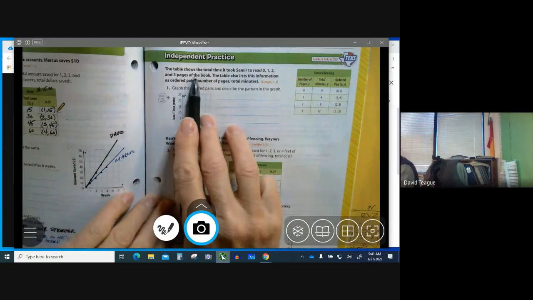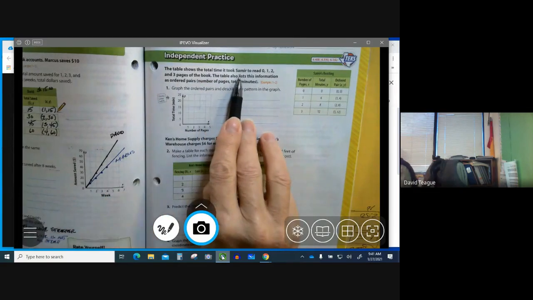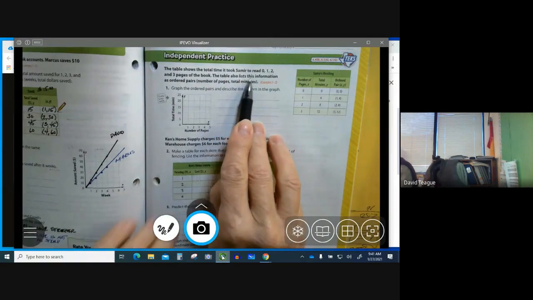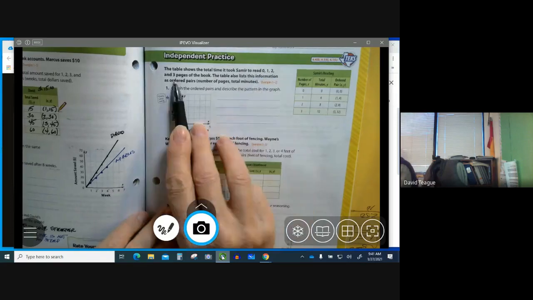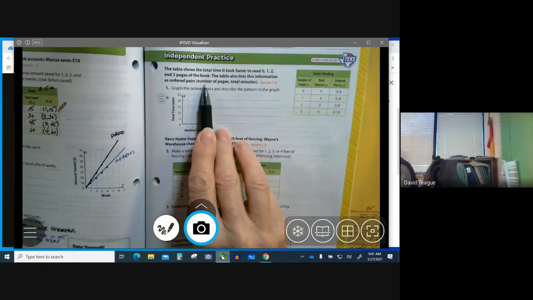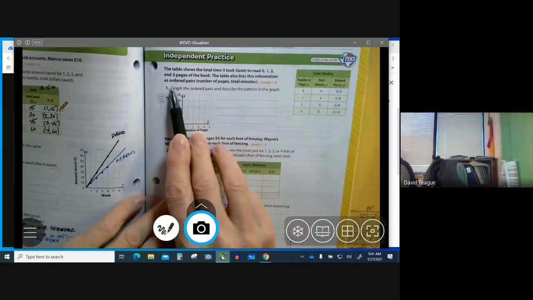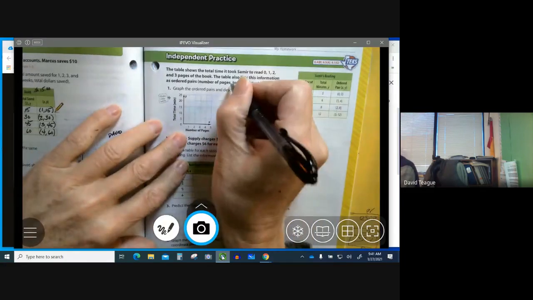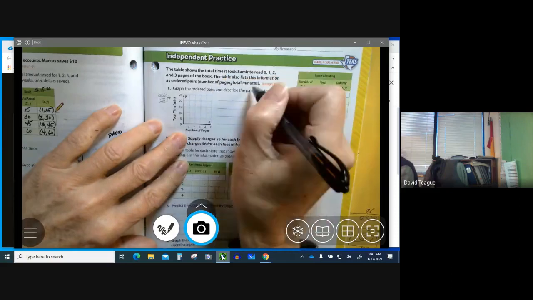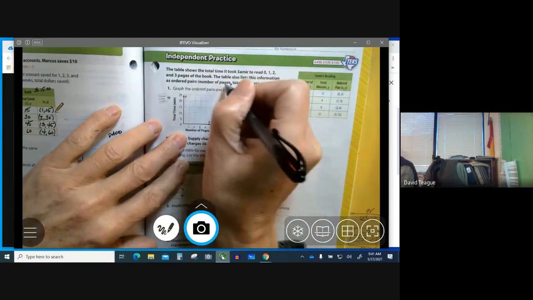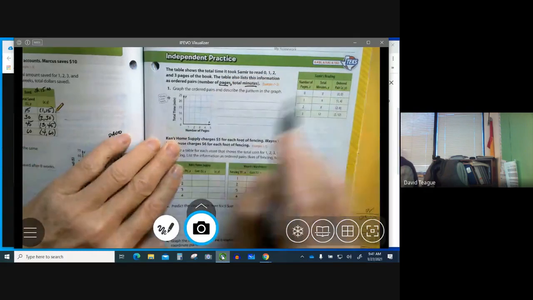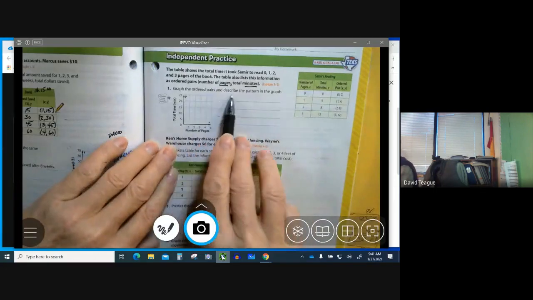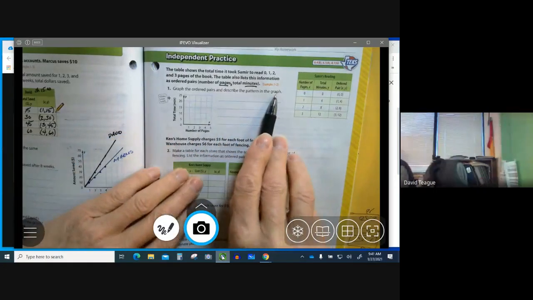The table shows the total time it took Samir to read 0, 1, 2, and 3 pages of the book. The table also lists this information as ordered pairs, and the ordered pair is set up as number of pages to total minutes. Graph the ordered pairs and describe the pattern in the graph.